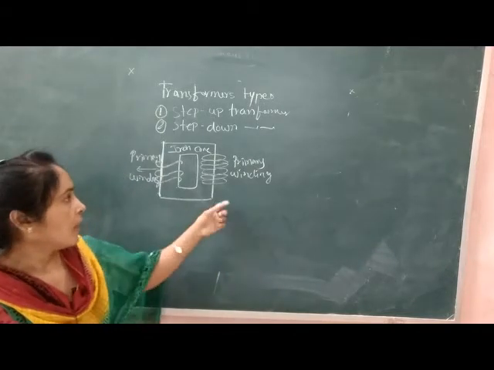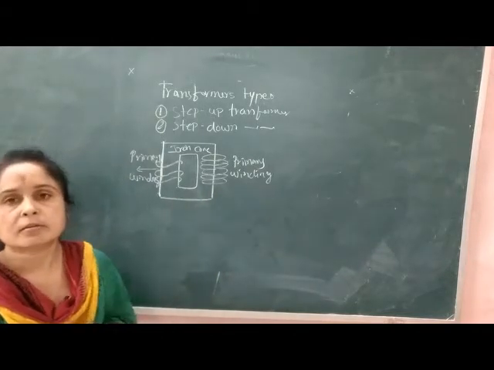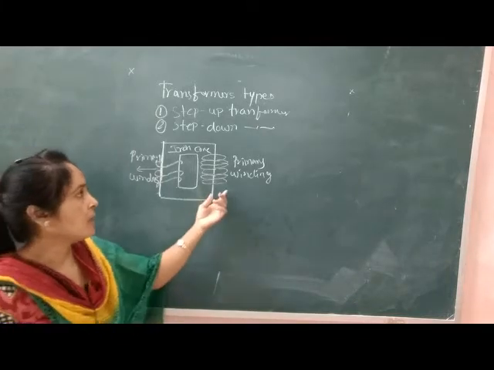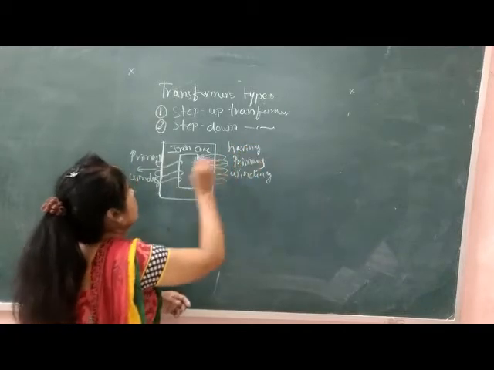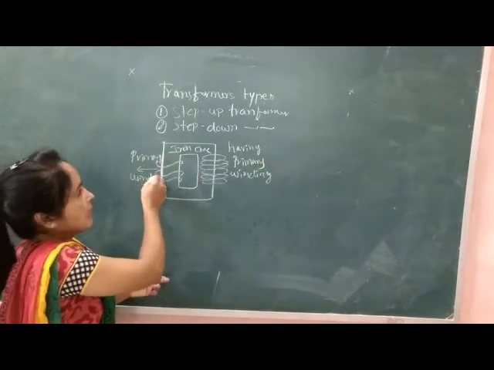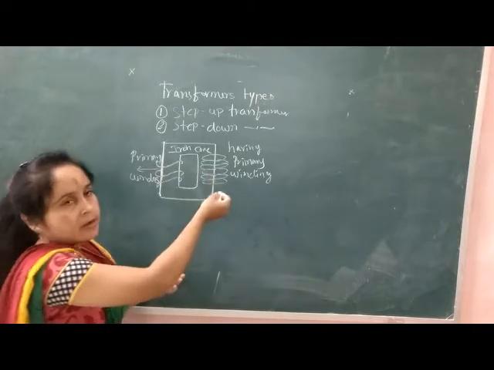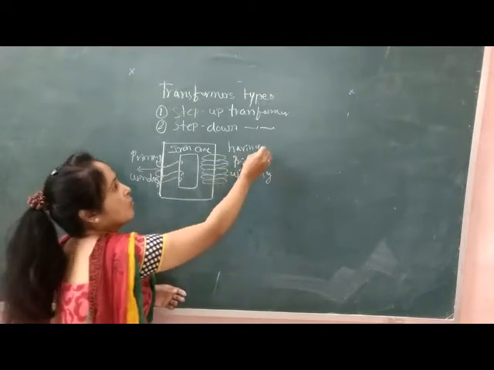The secondary side has more turns as compared to the primary winding.